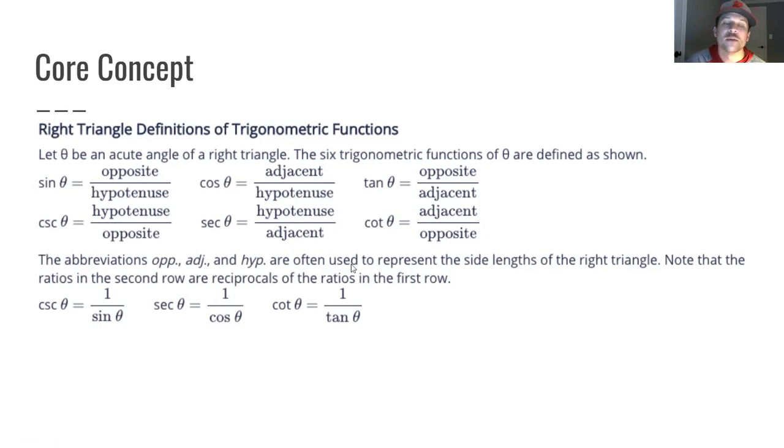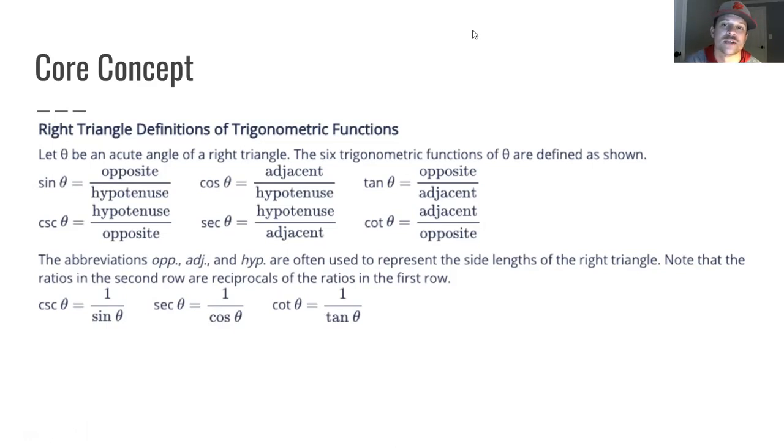And then the following 3 are the exact same as the ones above, but they are just flipped, or they are the reciprocals. So instead of opposite over hypotenuse, you just flip it to put hypotenuse on top. Same thing with secant and cotangent.